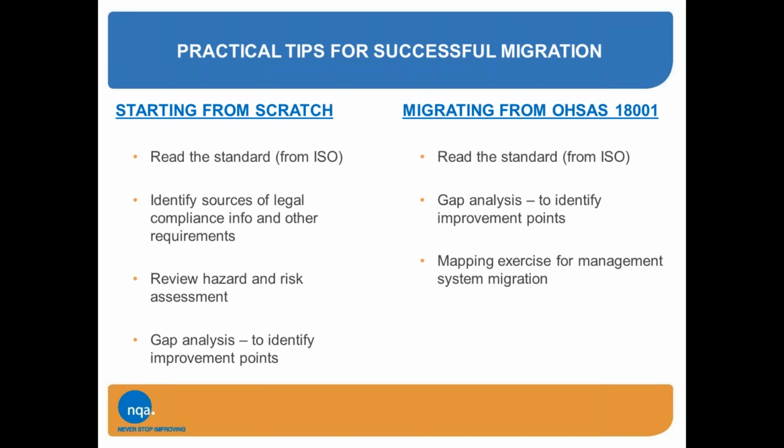I would hope that you would be pleasantly surprised by the amount of stuff that is already in place within your organisation, within 18,001, that can map directly across to the requirements of 45,001.